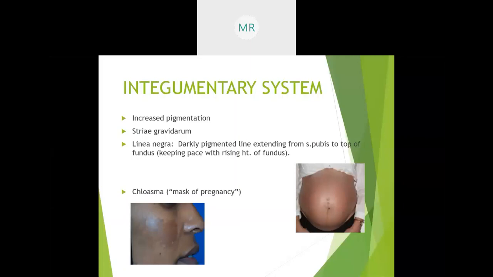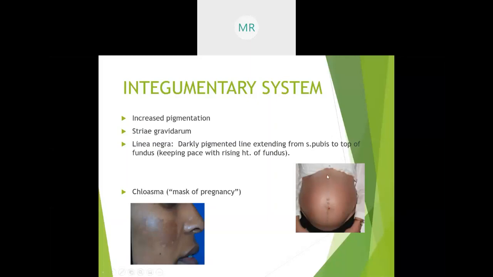And then you have the patient to the right over here, which has a black line, linea nigra, a black line that's extending, keeping the pace with the rising height of the fundus from the symphysis pubis down here, and keeps pace up to the growing fetus.